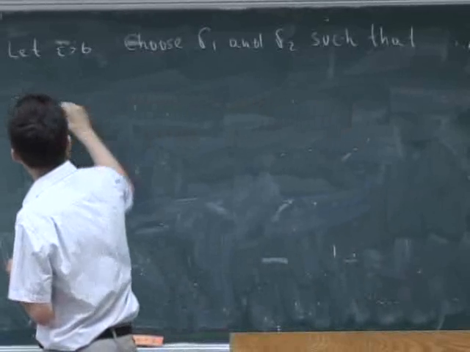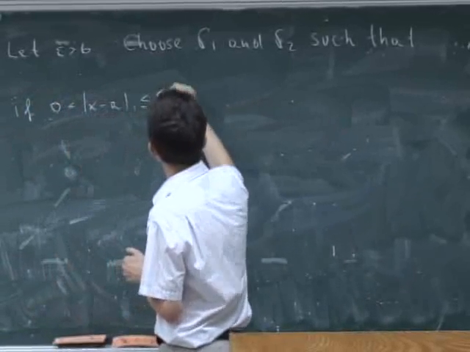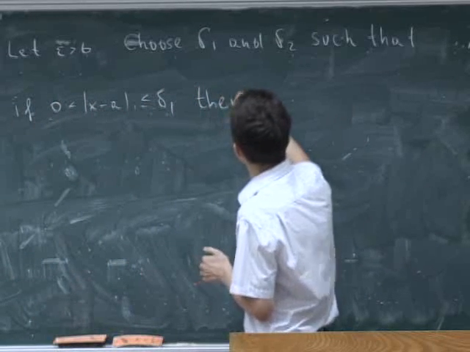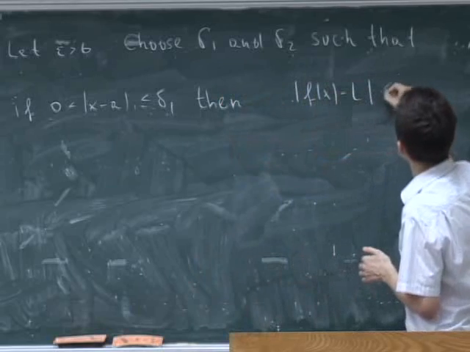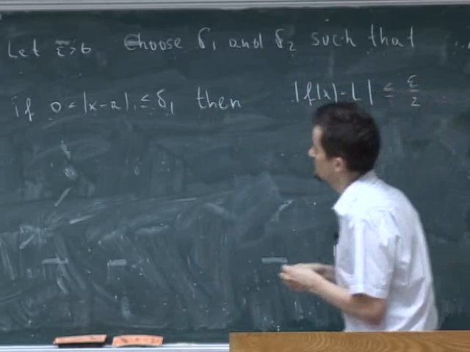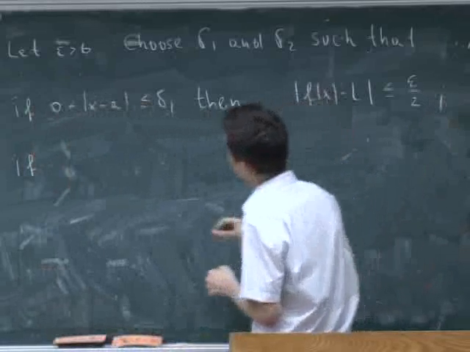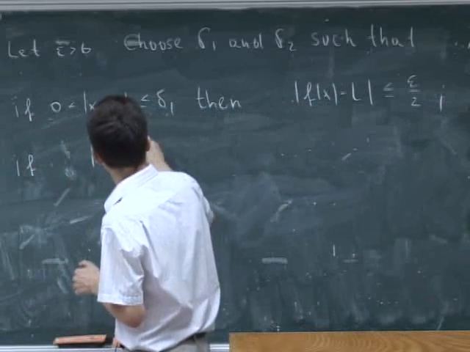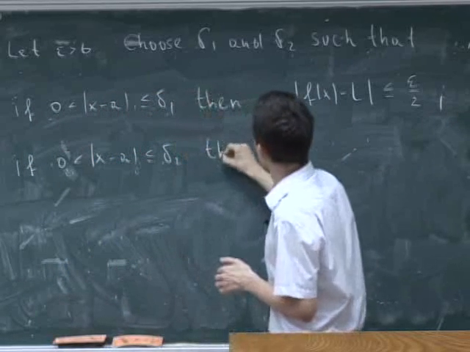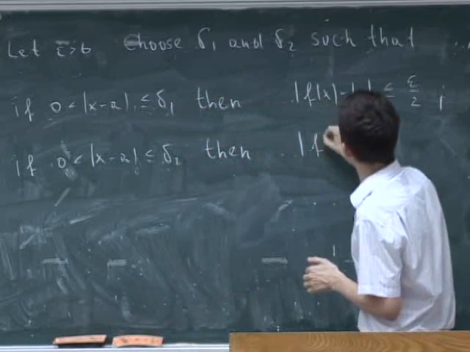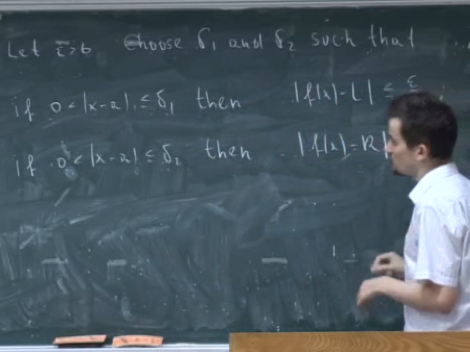If the distance between x and a is larger than 0 and smaller or equal than delta 1, then the distance between f of x and L will be smaller or equal than epsilon half, and if the distance between x and a is larger than 0 and smaller or equal than delta 2, then the distance between g of x and r will be smaller or equal than epsilon half.